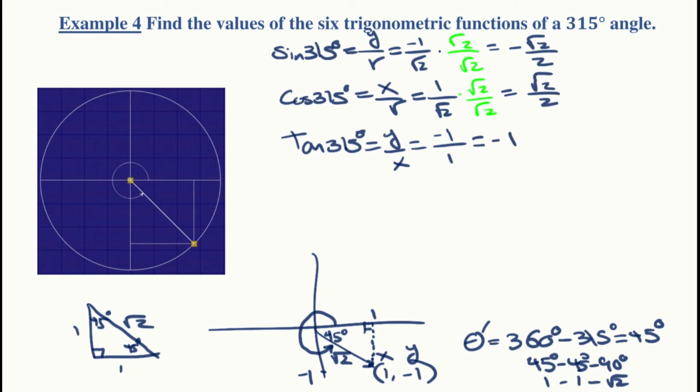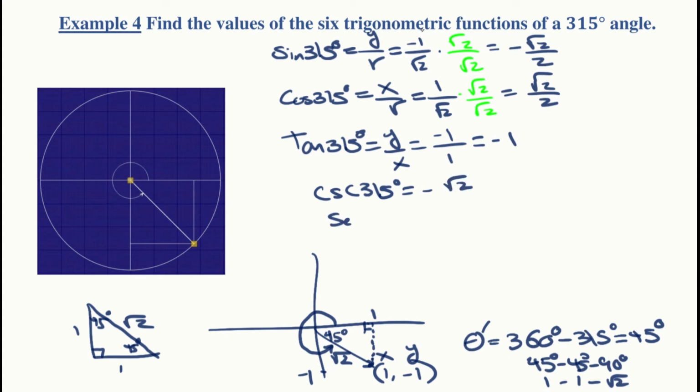The rest, of course, are easy because we're just going to take the reciprocal of what we have already found. So cosecant of 315 degrees will be 1 over the sine, so we need the reciprocal of that. That's the easiest one to reciprocate. So we get negative square root of 2.